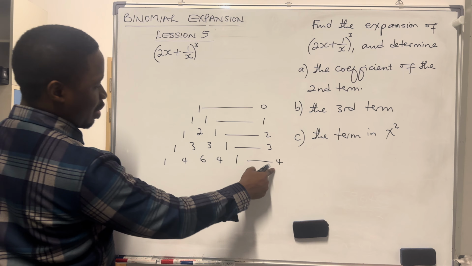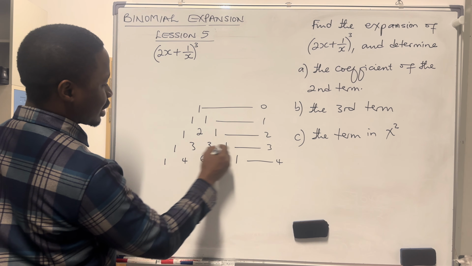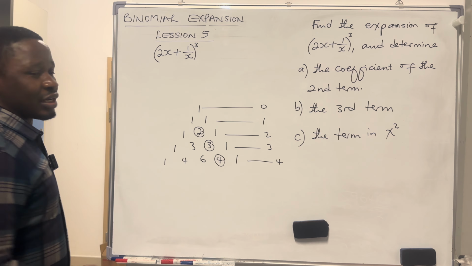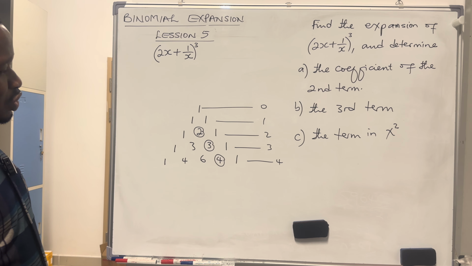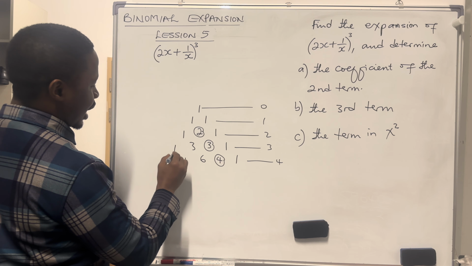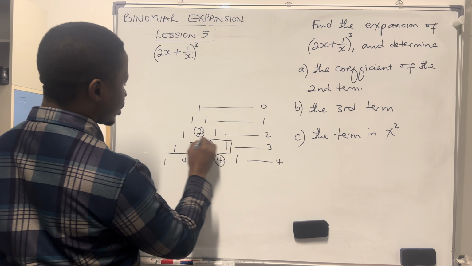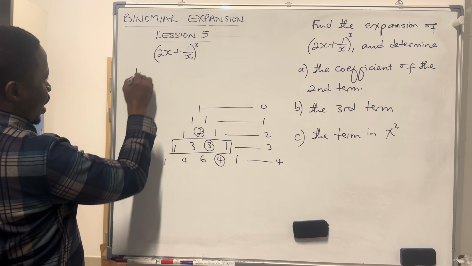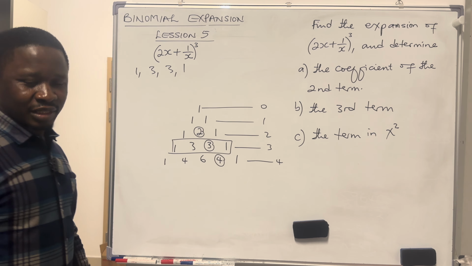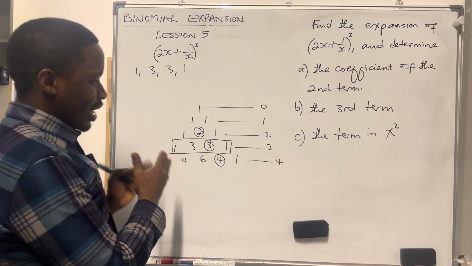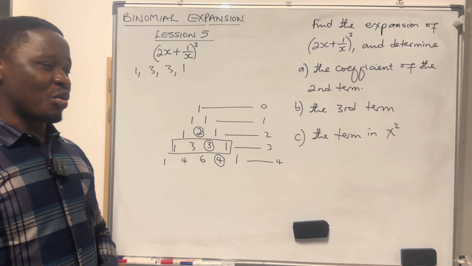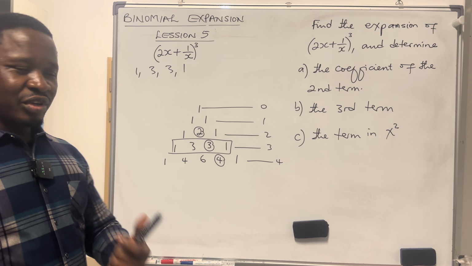But here the power is 3, so the coefficients are 1, 3, 3, 1. If you can take care of Pascal's triangle, it will be easier than going through the combination, because each time you need the calculator.